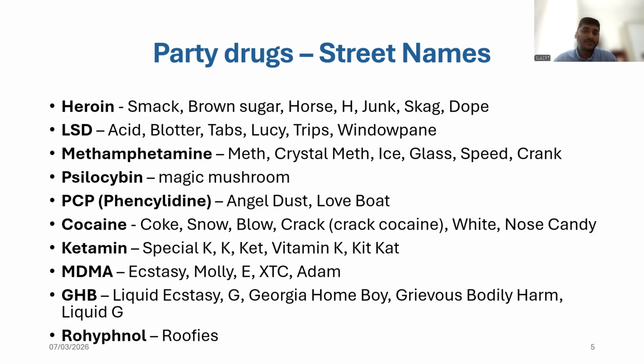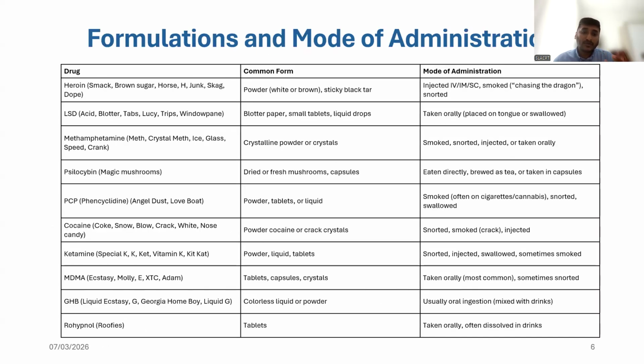They will come with the street name, so it's important to know what it really means. Sometimes the patient will present unconscious, or a relative or friend will bring the patient to the emergency treatment unit, but we don't know what they have taken.